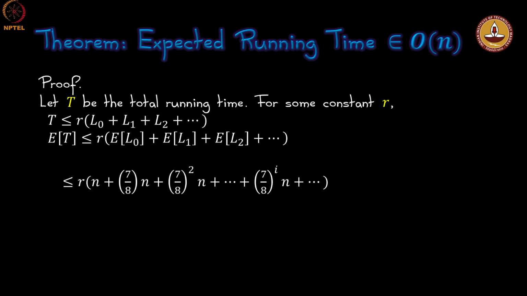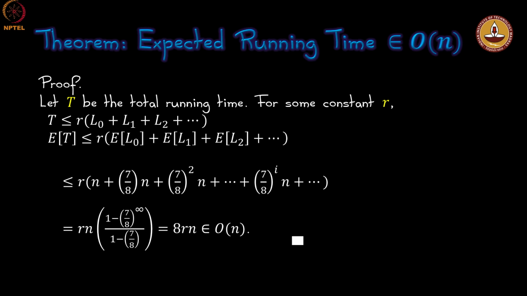And we've already derived a value for the expectation of Li, so we can plug that value into this expression, and what we will get is the sum of a geometric series, which is not hard to evaluate, and we'll get an upper bound of 8Rn for the expected running time, which of course, because R and 8 are both constants, is O of n.